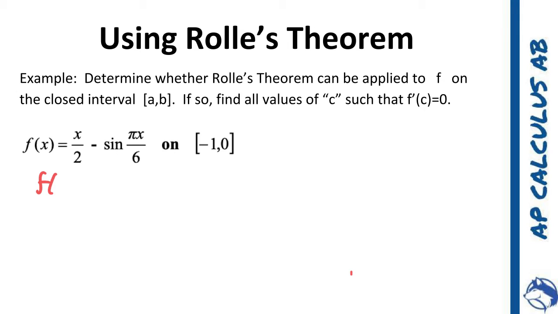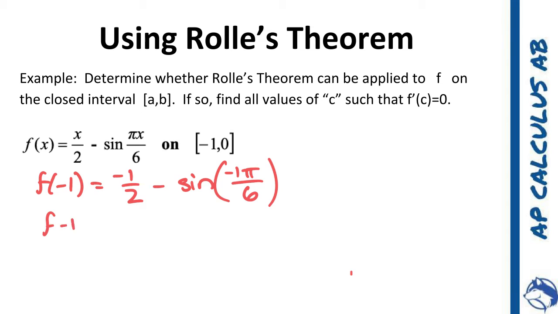So f of a is going to be equal to, and it's not f of a, it's going to be f of negative 1 this time, which is equal to negative 1/2 minus the sine of negative 1 pi over 6. Which, hey, we know this, negative 1. And so that negative 1/2 still stays there.